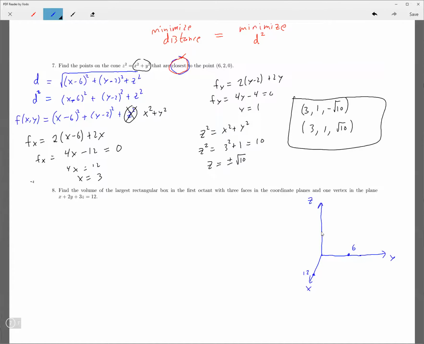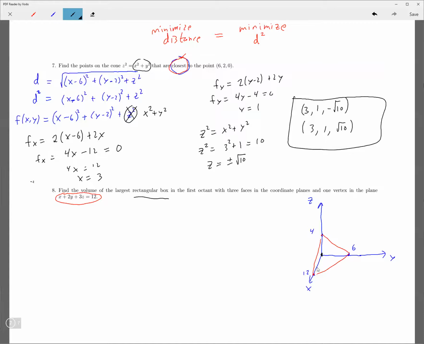Okay, so this right here consists of this plane here. So the idea is that you're going to form a box, a rectangular box.